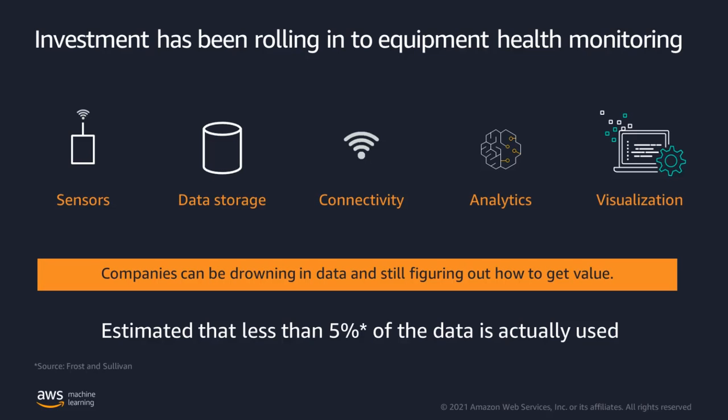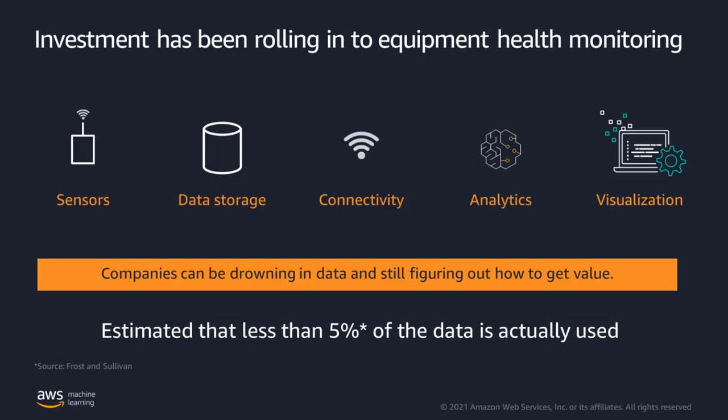Analytics, which is what we're going to go into a lot more detail in today. And then also visualizations and the ability to actually give a maintainer some visual aspects to actually help them diagnose and take corrective action. So a lot of investment's been rolling into this space across this entire chain of applications: sensors, data storage, connectivity, analytics, and visualization.